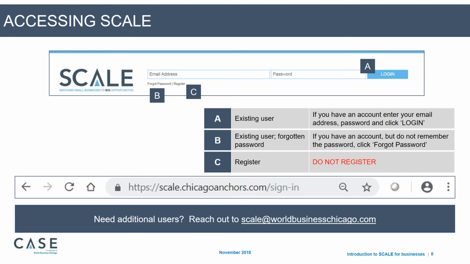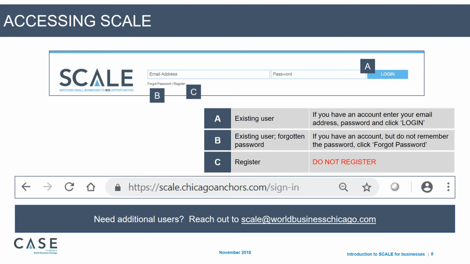If you forgot your password, that's fine. You will click on B, forgot password, and an automated email will send you a password reset. C is register. Again, I will reiterate, please do not register for Scale as you already have an existing account.